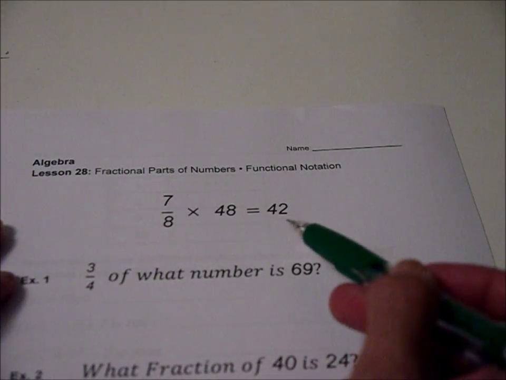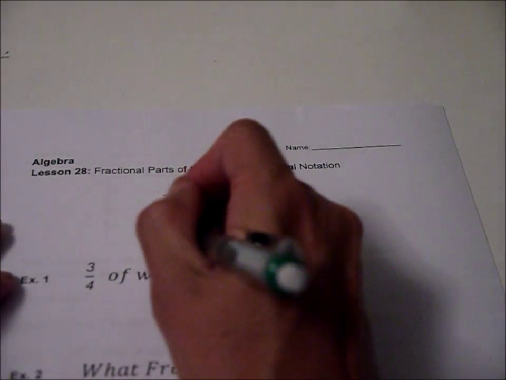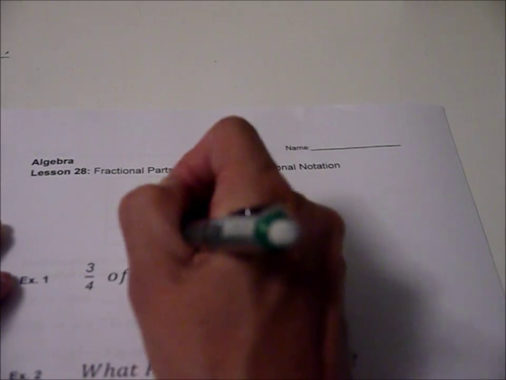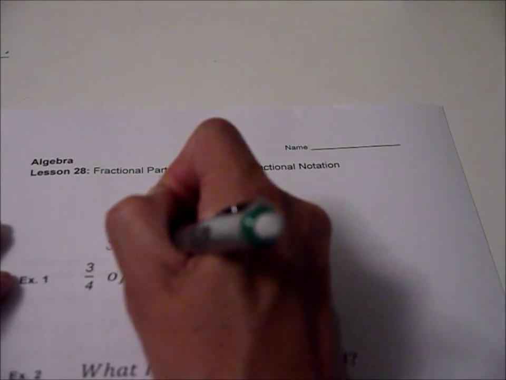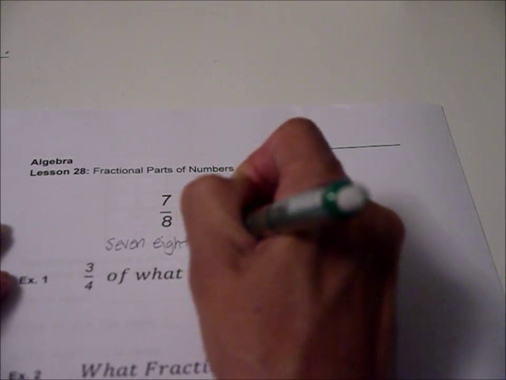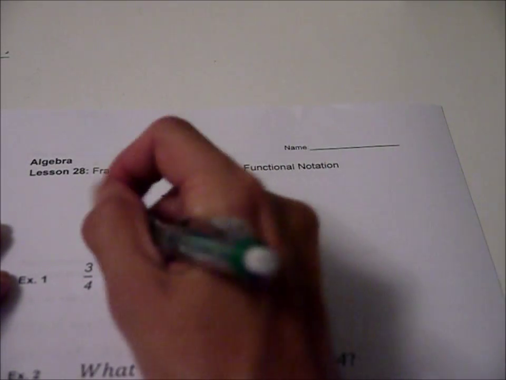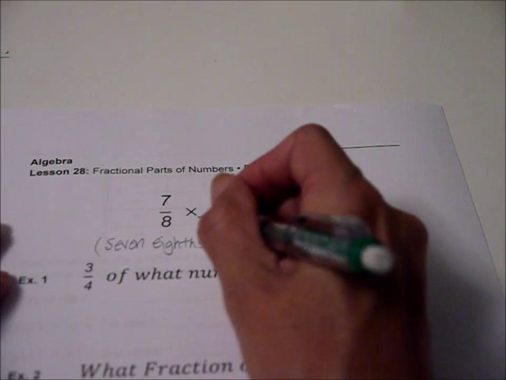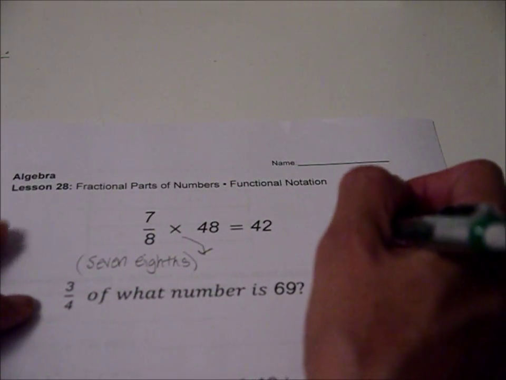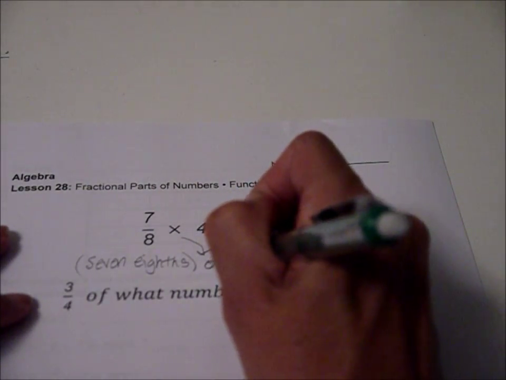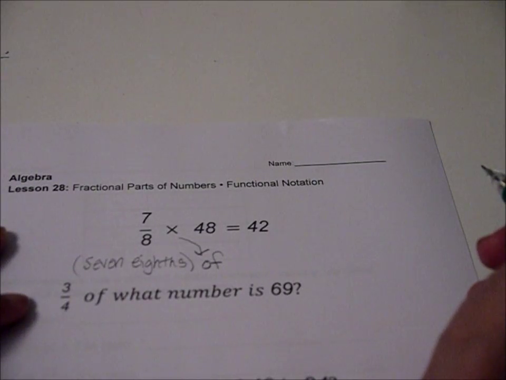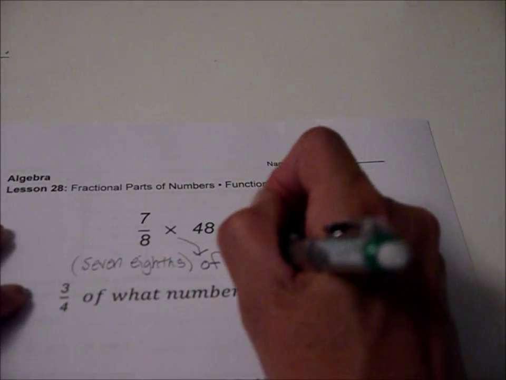And so if I were to translate this, when we do 7/8 as English, we would say 7/8. Okay, that's how we say that in English. How we say this times, we're not going to say times. We're going to say of, because of means times in English.